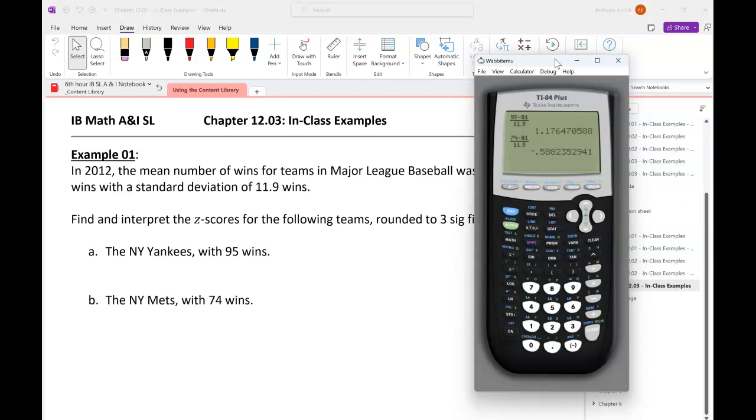So I got 1.18 and then negative 5.88 for my two z-scores there.